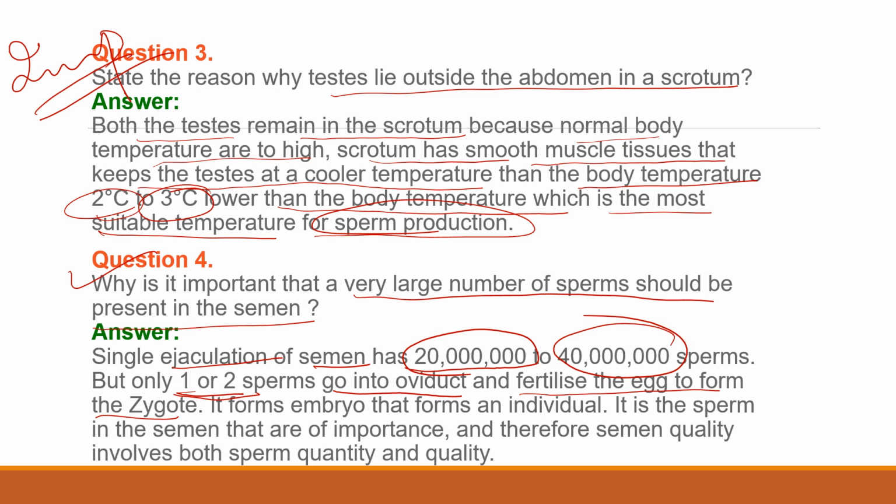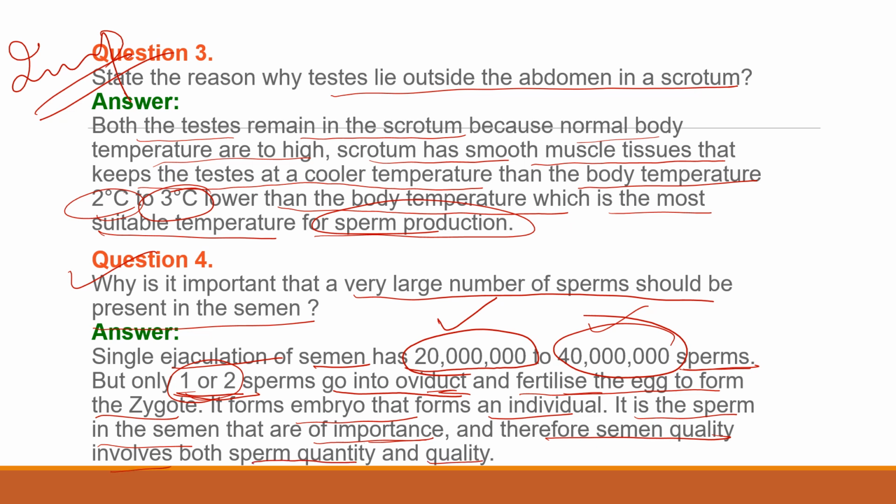So 2 crore to 4 crore sperms are there, and only 1 or 2 sperm go to the oviduct to fertilize the egg. You can just imagine how huge the number of sperms should be. It forms the embryo that forms an individual, and it is the sperm in the semen that are of great importance, and therefore semen quality involves both sperm quality and quantity.